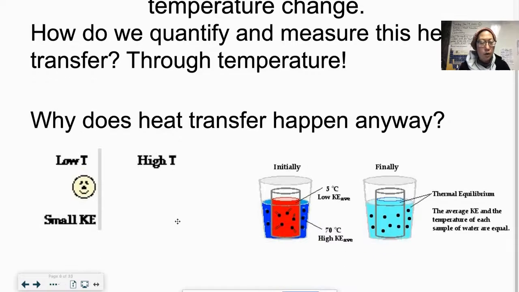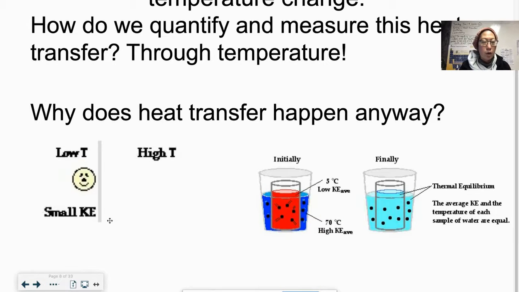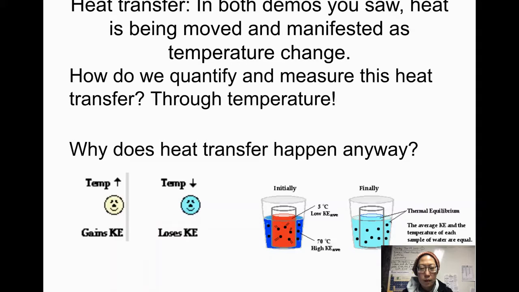So right here, let me go to the other slide so that you can see this animation. So now you can see this little animation here. You can see that heat transfer happens through collisions between particles.